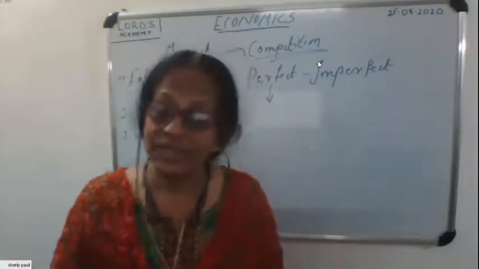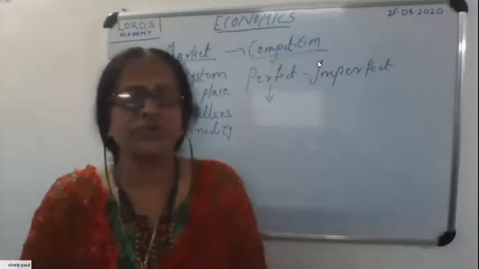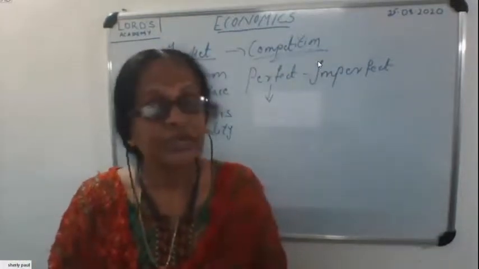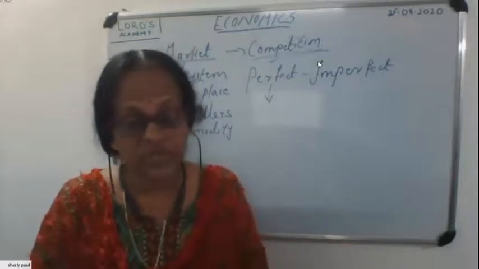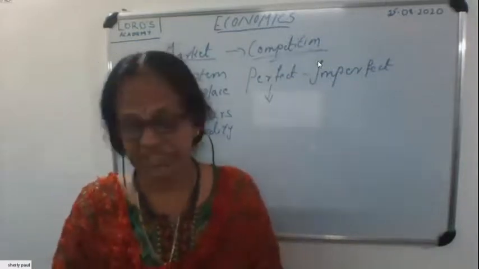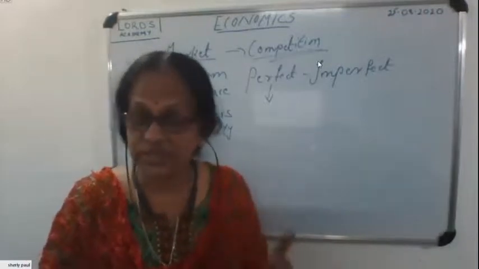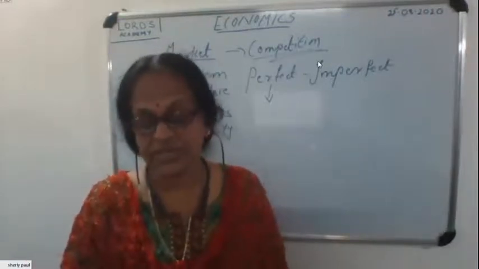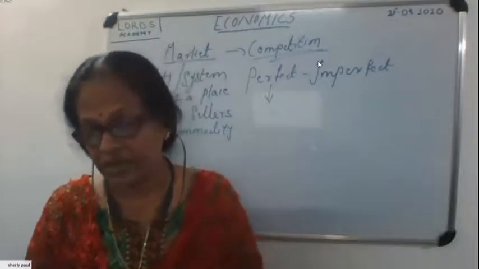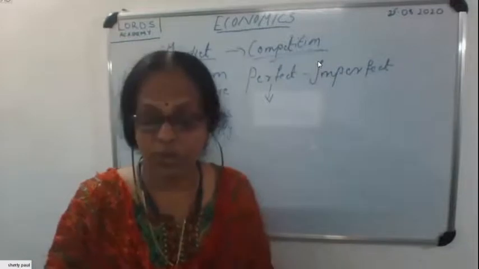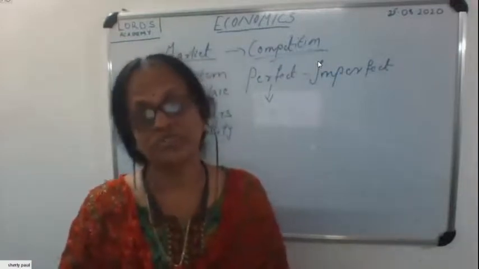But very rarely do we see that. It is the ideal one, where everything is perfect, no problem at all. A perfectly competitive market or perfect competition is an ideal state of economic affairs which doesn't exist in any industry in its complete entirety, but exists in similar form, like the stock market and the wholesale market for vegetables and goods.